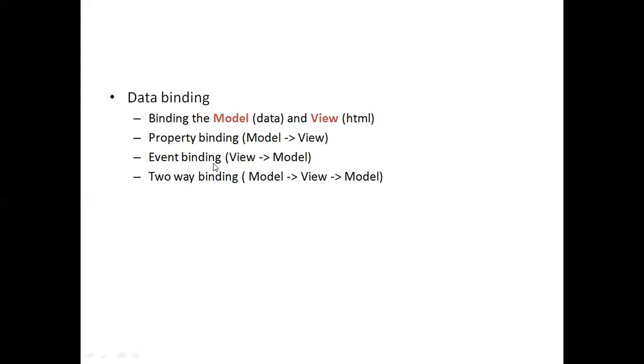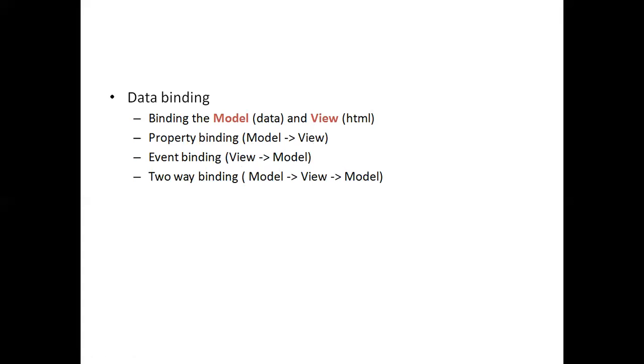That is event binding. So if a user enters characters in a text field that need to be stored inside a database or a variable, that is view to model attachment, or model to view attachment. We can do both by using property binding and event binding.